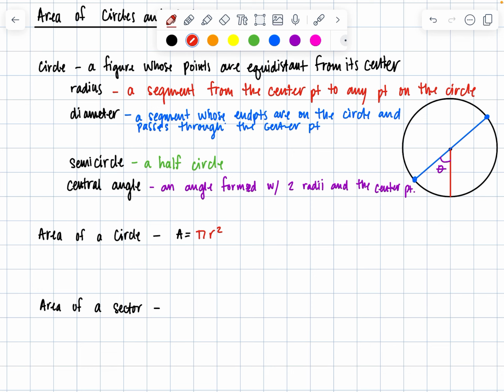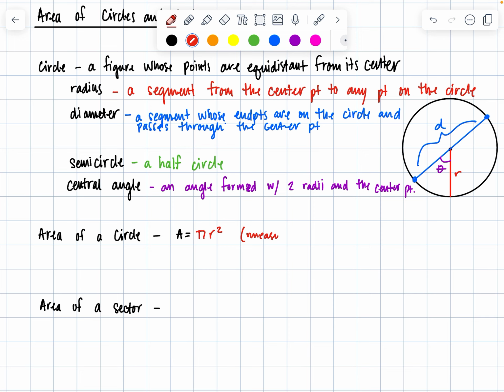This is your radius, r, in your circle. This would be your diameter, and theta is your central angle. So area is equal to pi r squared.